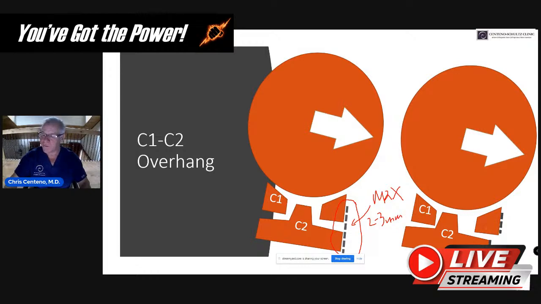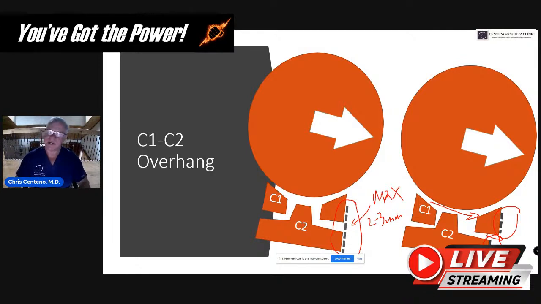Now, if you've got overhang, here C1 has shifted this way. C2 has stayed put, and now these lines don't match up anymore. So that's called C1-C2 overhang, and we can measure that distance from here to here and look at the number of millimeters that is and see if you meet the criteria for craniocervical instability.